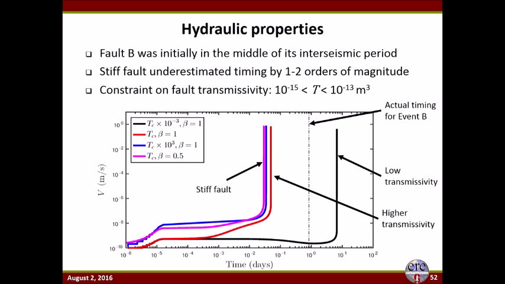For higher transmissivity faults, the reverse process happened, and time to instability tended to be underestimated significantly. And similarly, for stiff faults, the initial change in Coulomb stress was enough to kick the rupture into the nucleation phase quickly. And so really by varying these hydraulic properties, we were able to arrive at some constraints in terms of the actual hydraulic properties of these large types of basement faults.